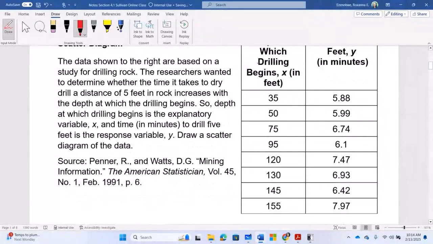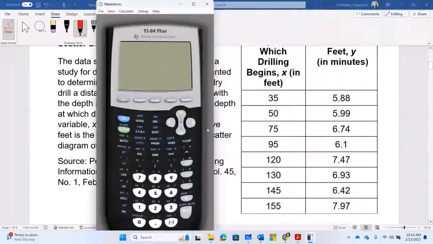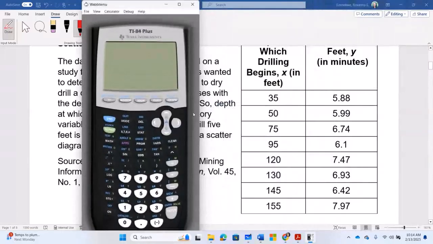This is X, which is drilling depth, and Y is in minutes. I will pull up my calculator, and drilling is going to be in L1.